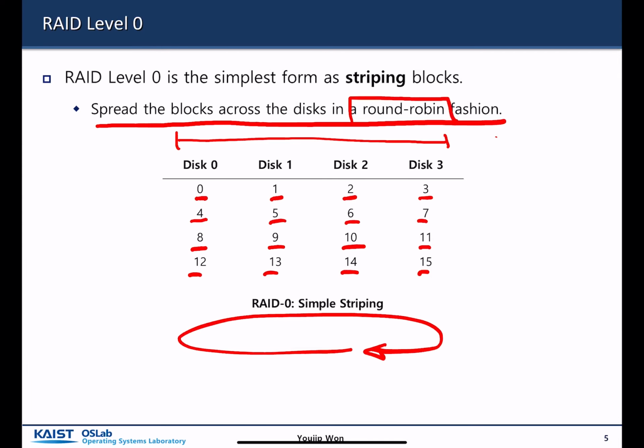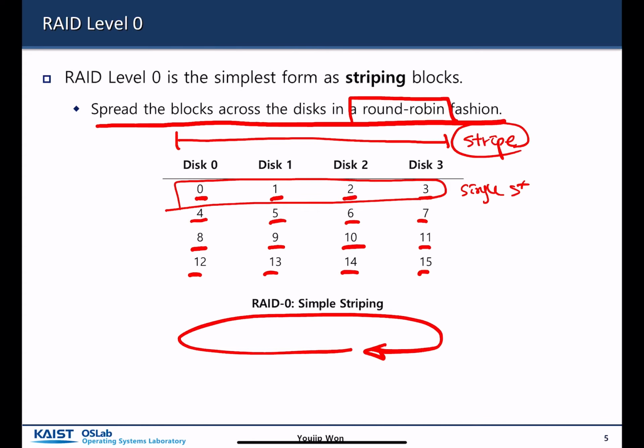This is called a stripe, and so this is called a single stripe. For this RAID, if you write 4 blocks, from 0 to 3, then you distribute these 4 blocks to each of the four disks.